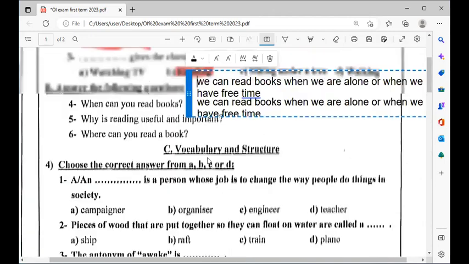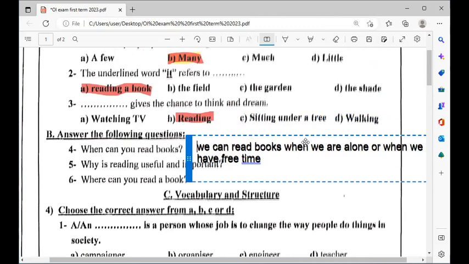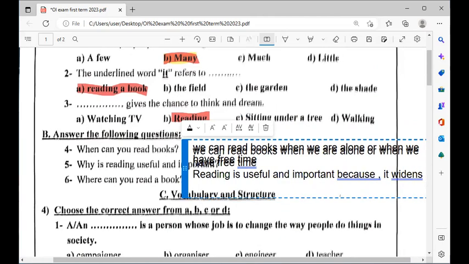So if we want to write the answers here: reading is useful and important because it widens our scope of knowledge.